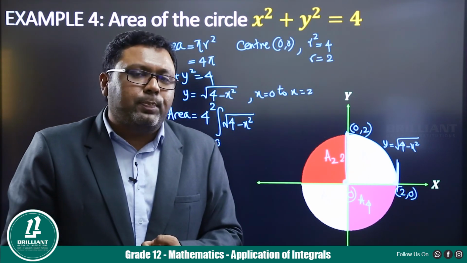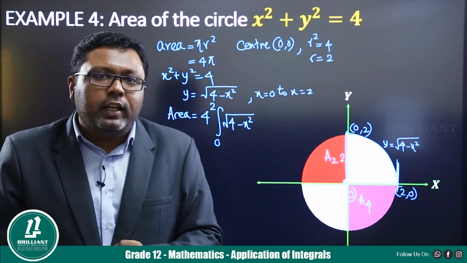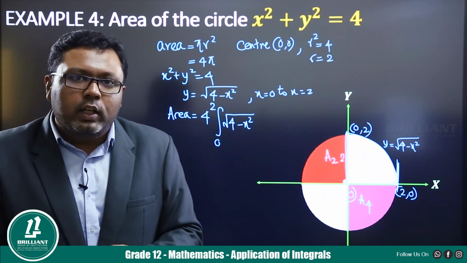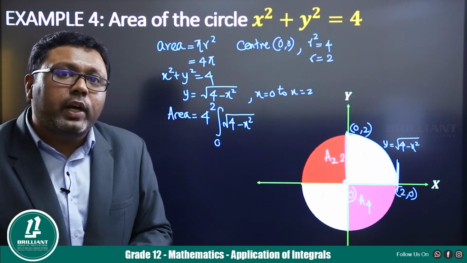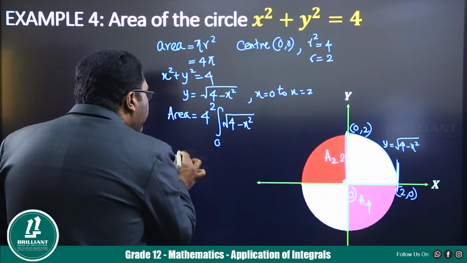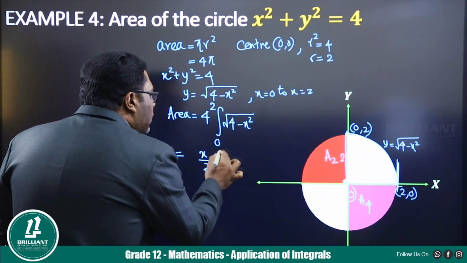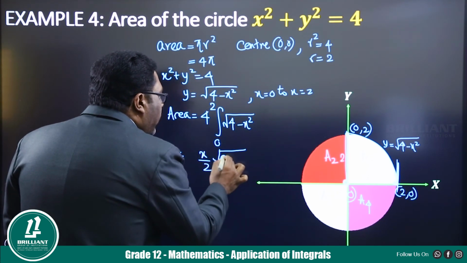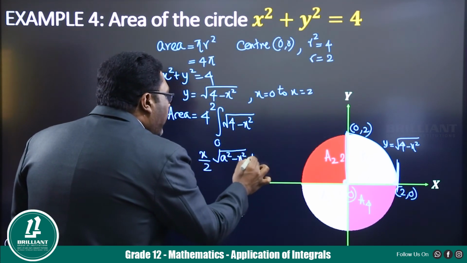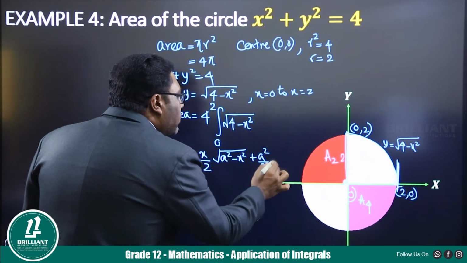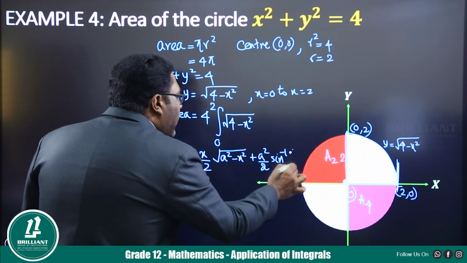Revise the concept of special integrals that you learned in chapter 7. The formula for the integral of square root of a squared minus x squared is x by 2 root of a squared minus x squared plus a squared by 2 sine inverse x by a.